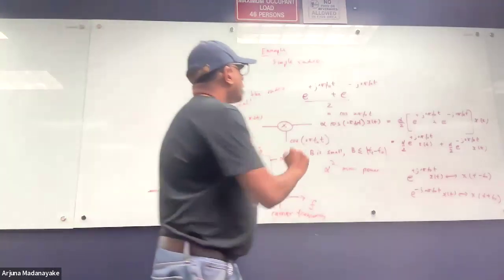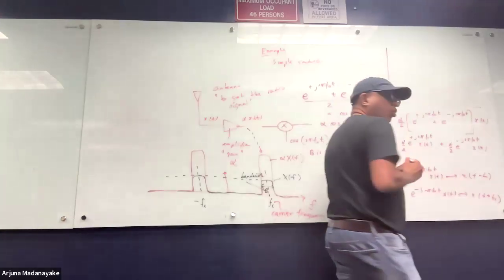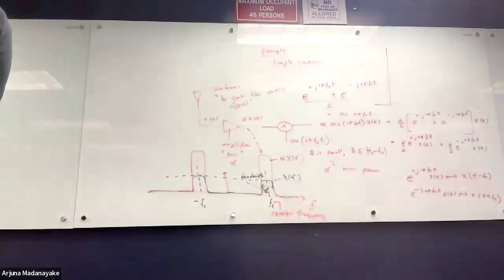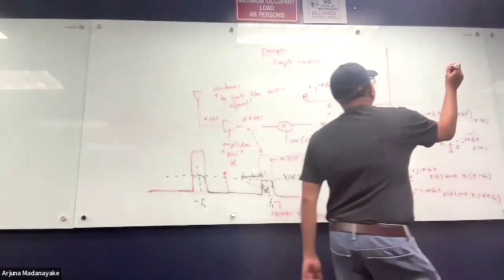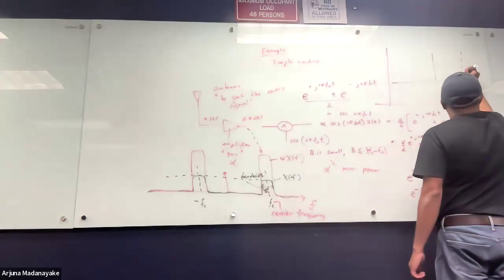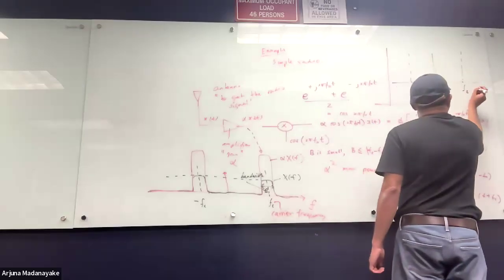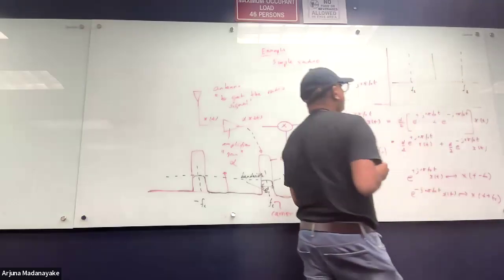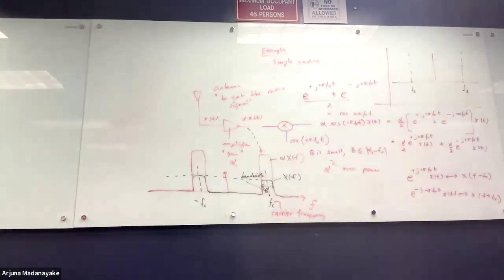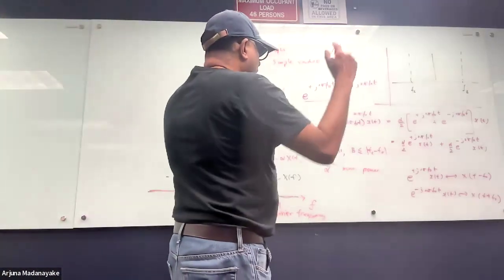Let me see, where should I draw? I'll draw it here. I'm going to draw the two copies in two different colors. This is my spectrum. Originally it was at fc. That's the original location. One copy is going to be shifted by f0 and scaled by half.